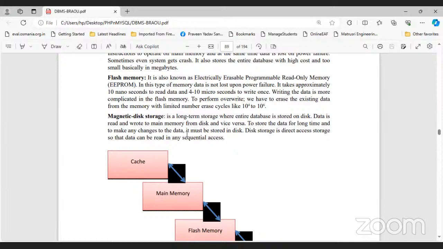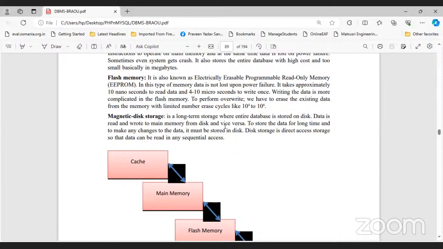It is a long-term storage where the entire database is stored on a disk. Data is read and written to main memory from the disk and vice versa. To store the data for a long time and to make any changes to the data, it must be stored on a disk. Disk storage is direct access storage, so the data can be read without sequential access. So magnetic disk is one type of storage device.